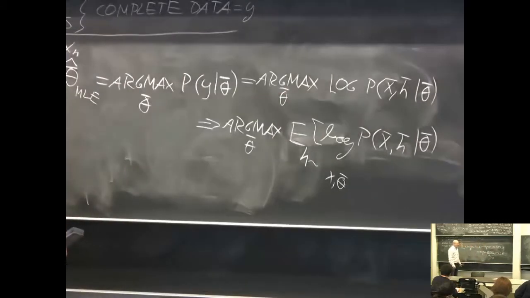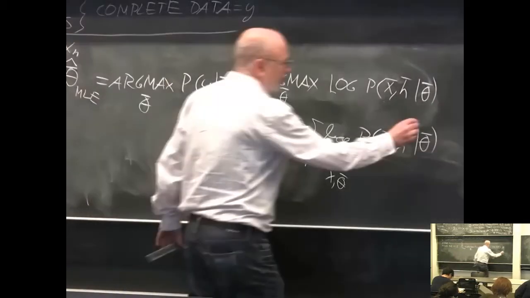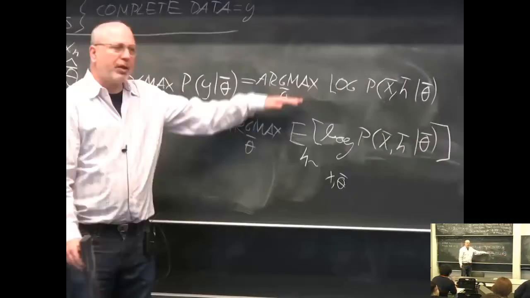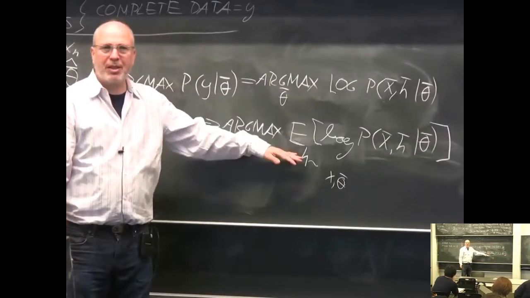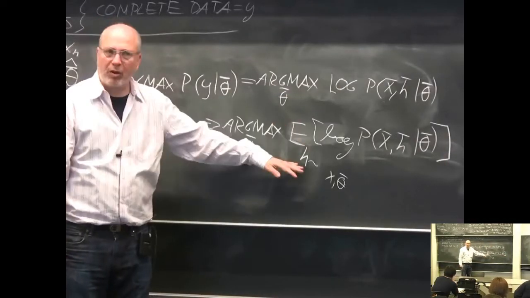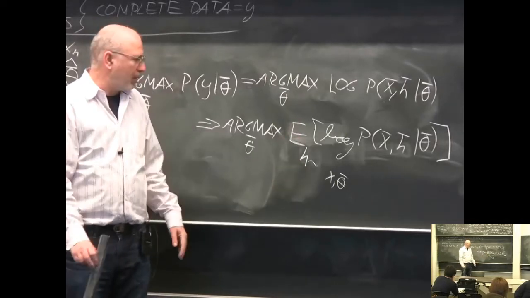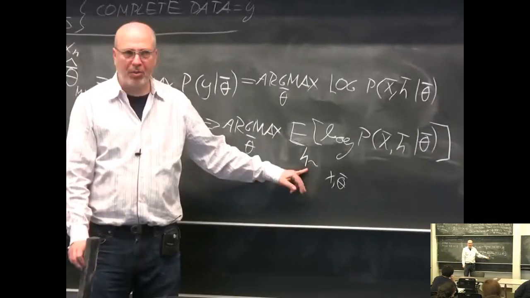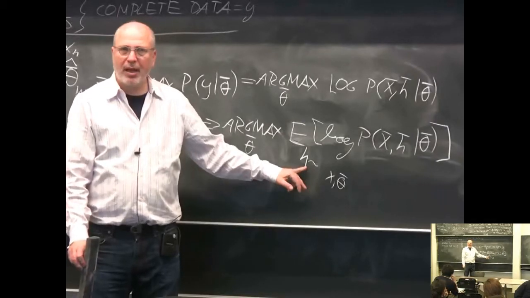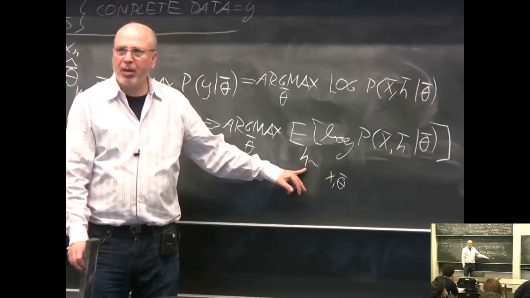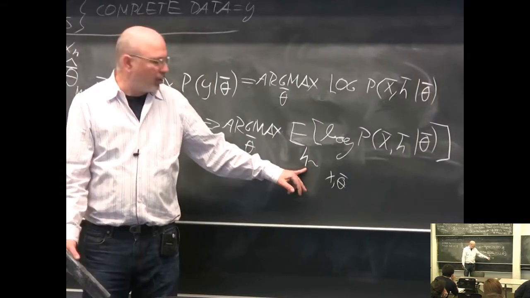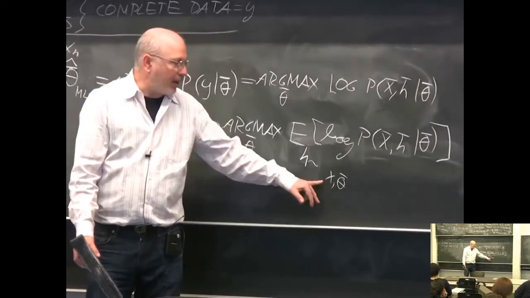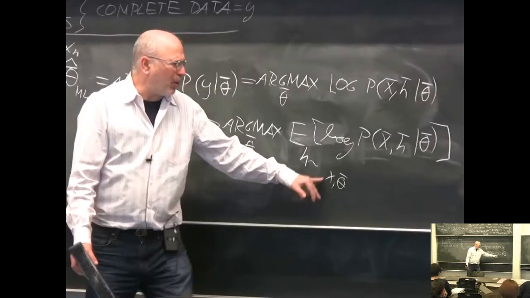So now we have a problem. We have a recursive problem. We've converted our problem into one of, instead of maximizing log likelihood, maximizing the expected log likelihood. That's okay. But the expectation is with regard to some weighing of the unknown variables, the latent variables. And the weighing, we want it to be based on what x is and what theta is. We know what x is, but we don't know what theta is.